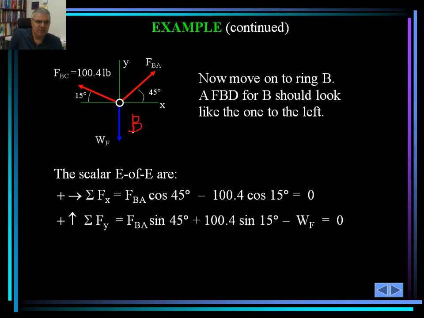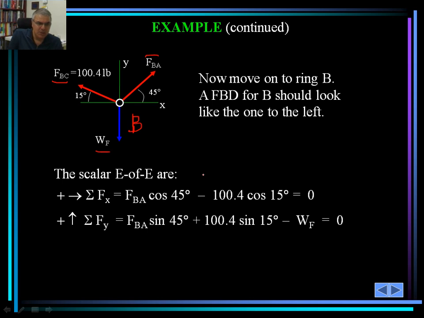Again, we take the summation of forces in X and set it to 0. F sub BA is the force going from B to A, that's how we usually show it. F sub BC is the force acting from B to C. F sub BC is known, W sub F is unknown, and F sub BA is unknown.